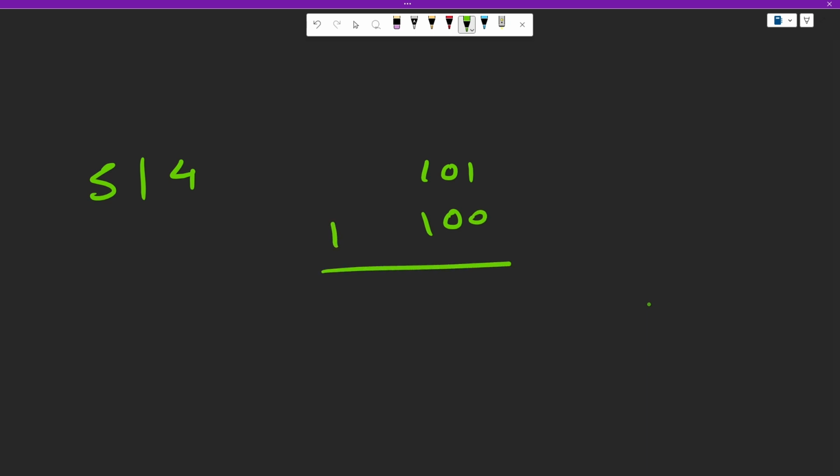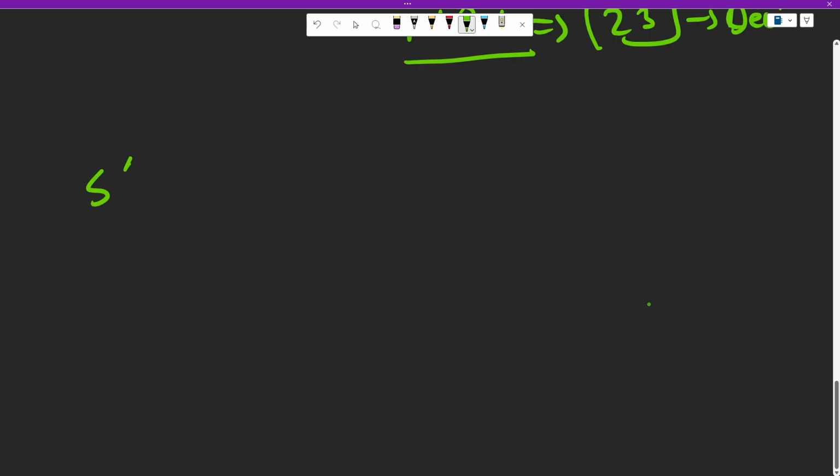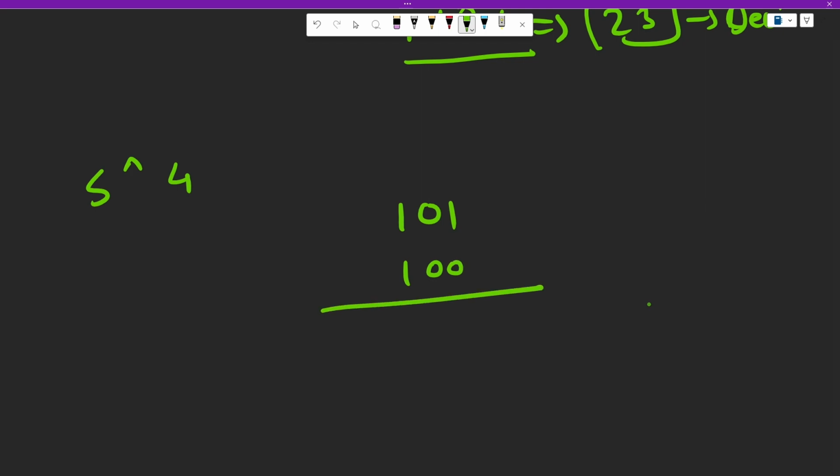And let's take an example for OR. So 5 OR 4. Okay, so 101 and 100, and we are performing an OR operation here. So 1 OR 1 is 1, 0 OR 0 is 0, and 1 OR 0 is also 1. Now 5 XOR 4, 101 and 100.